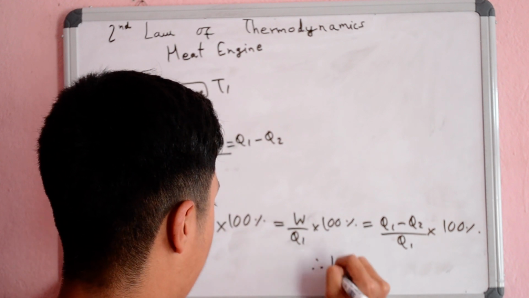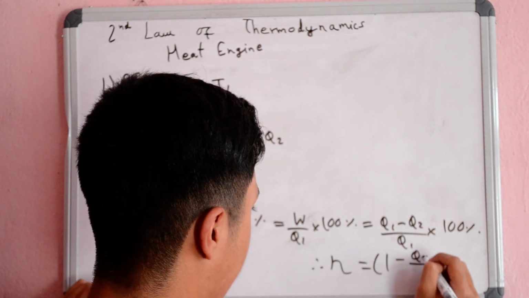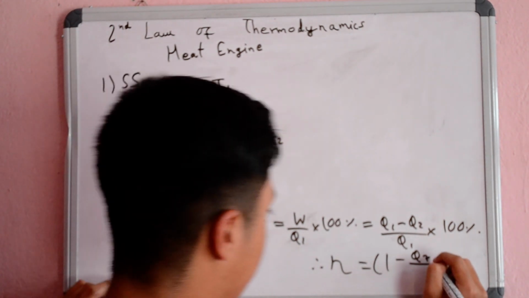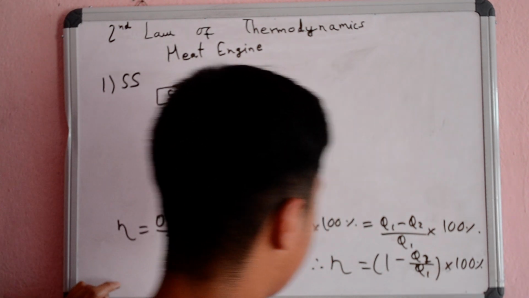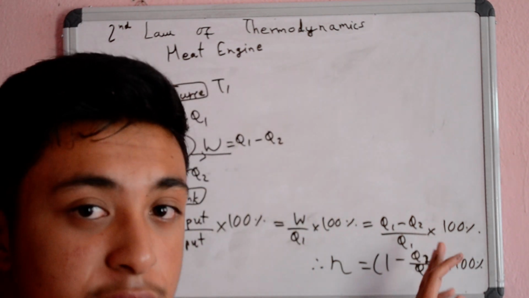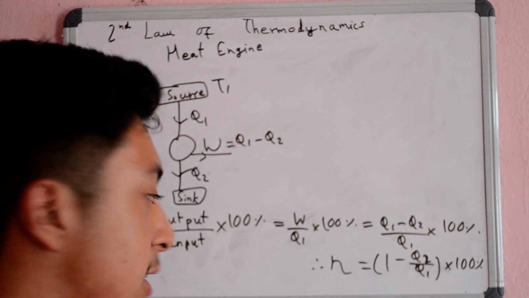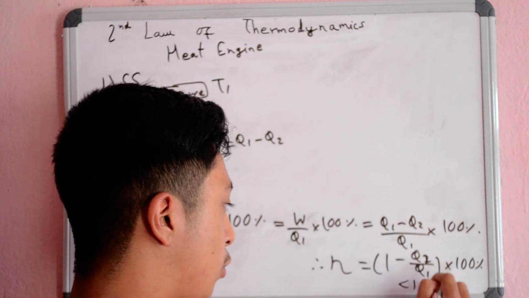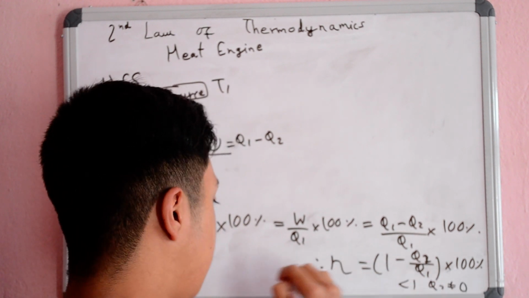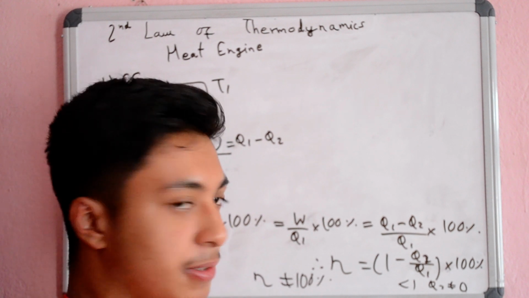So therefore our efficiency is 1 minus Q2 by Q1 into 100%. Now since Q2 is never 0, that means we have 1 minus something into 100%, and this is always less than 1. If Q2 is never 0, that means that efficiency can never be 100%.